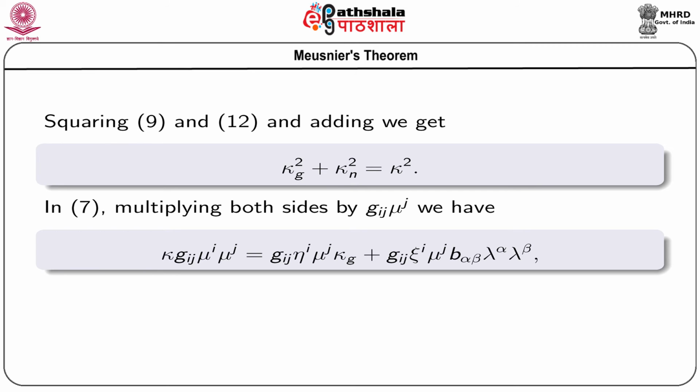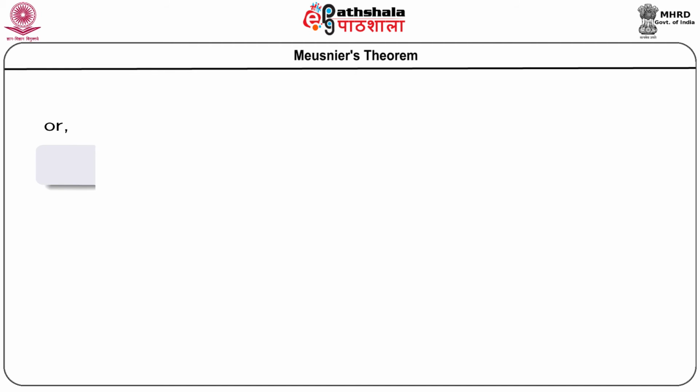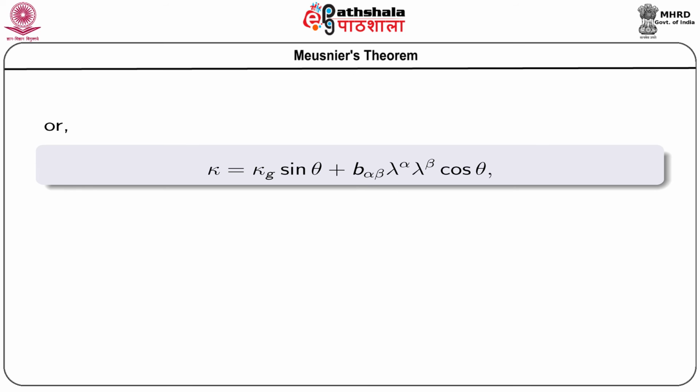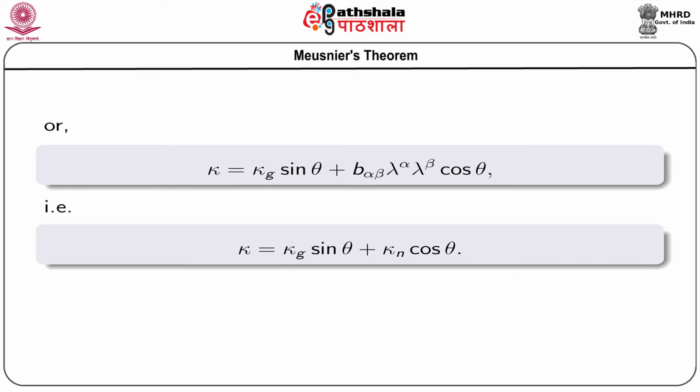Now, since g_ij mu^i mu^j equals 1, and g_ij eta^i mu^j equals sin theta, and g_ij xi^i mu^j equals cos theta, and b_alpha beta lambda^alpha lambda^beta is denoted by kappa_n, we get another interesting relation between kappa_g and kappa_n, that is kappa equals kappa_g sin theta plus kappa_n cos theta.